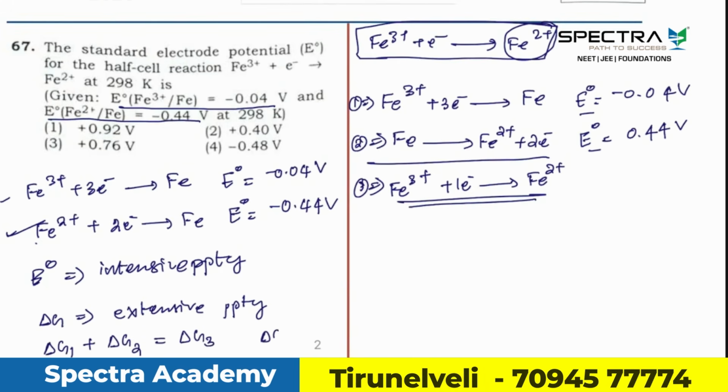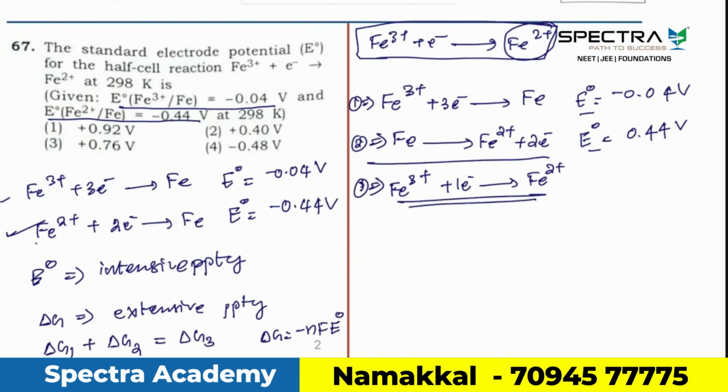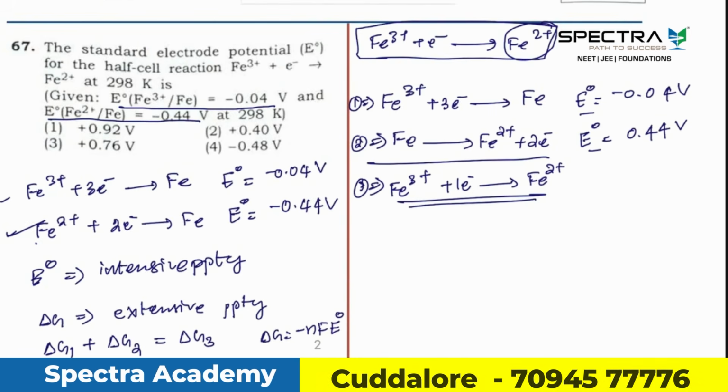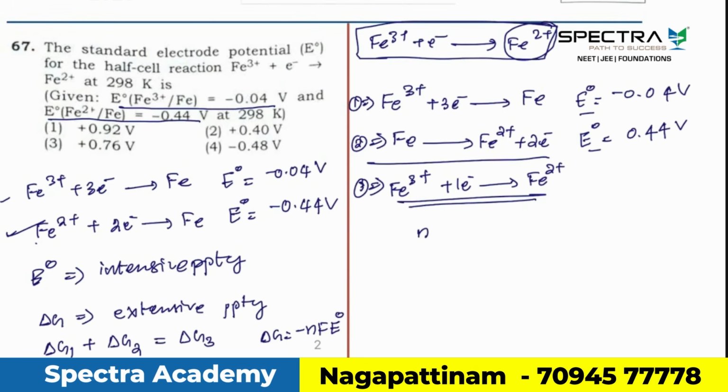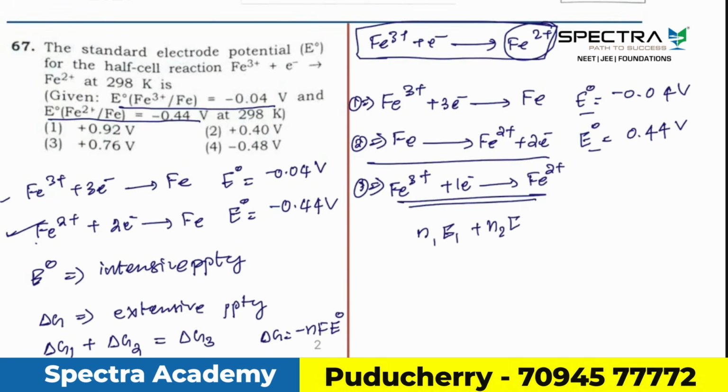And delta G is equal to minus nFE naught, which is the relation between electrode potential and Gibbs free energy. So when you add delta G1 and delta G2 to get delta G3, we will get the final equation, that is n1E1 plus n2E2 will give n3E3.